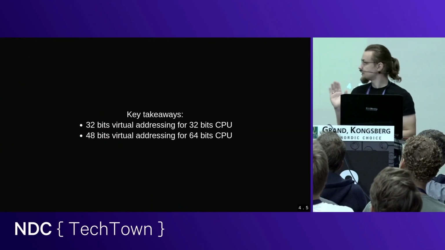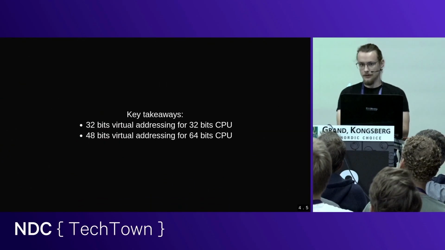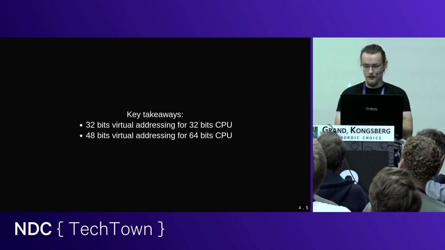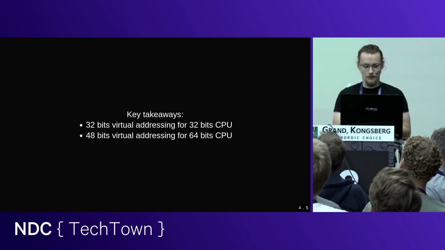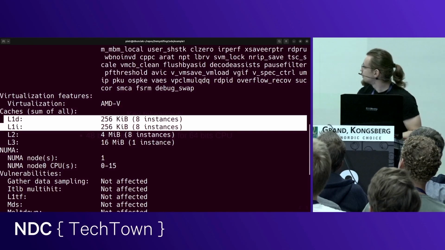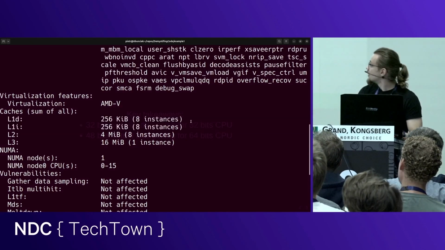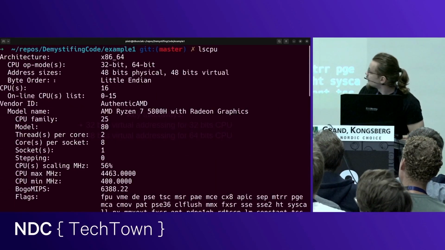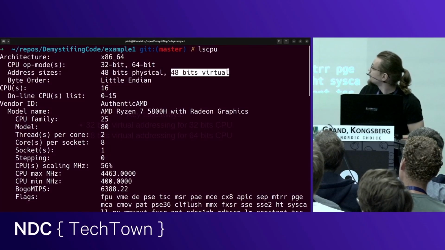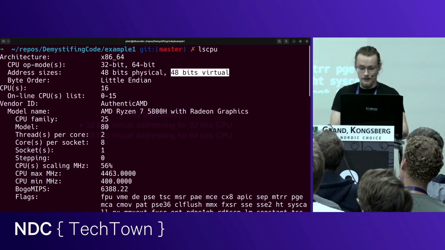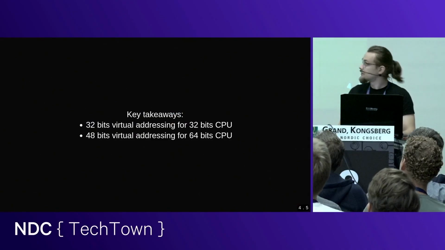But the key takeaways are that in a 32-bit architecture, we use 32 bits for addressing. In a 64-bit architecture, we use 48 bits for addressing. If I go back to this listing of the CPU and scroll up, I can see the address size on my machine, which is 48 bits virtual. So yeah, this is pretty much the default.